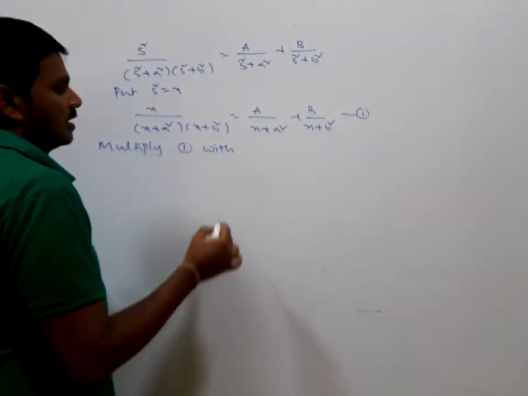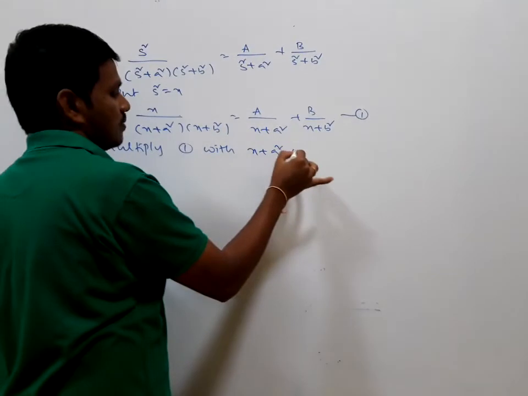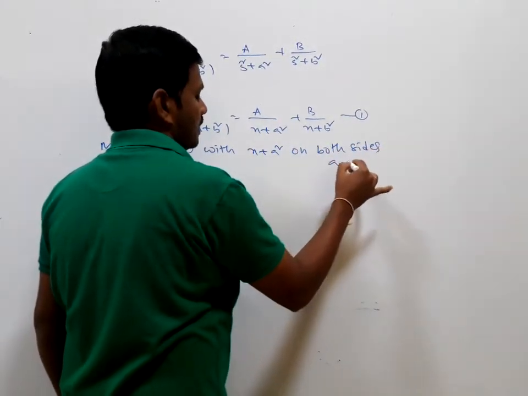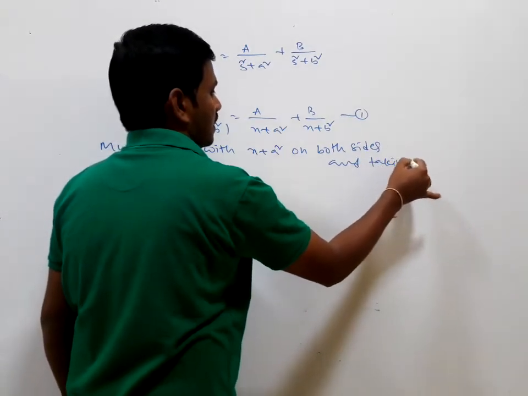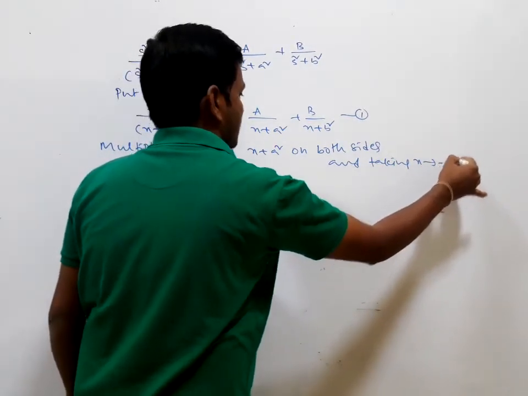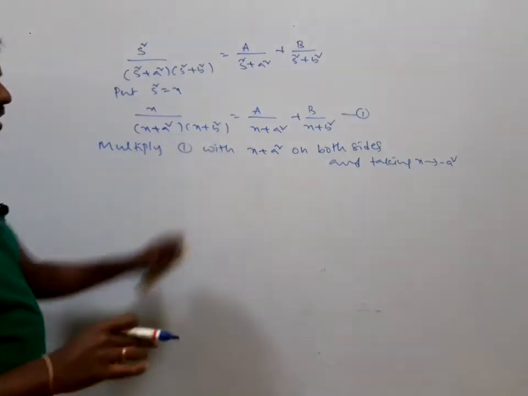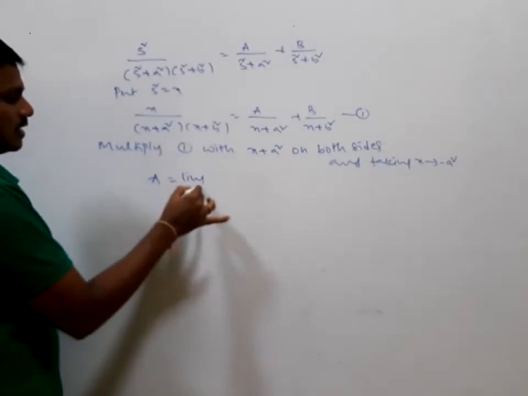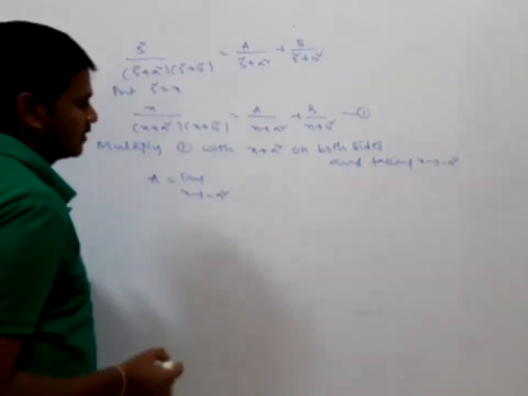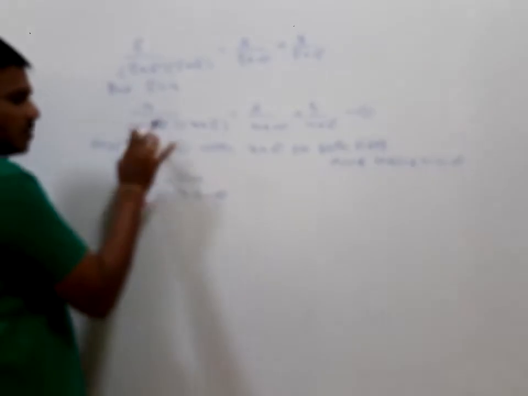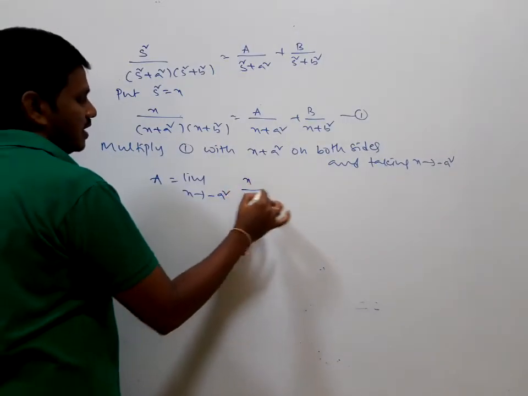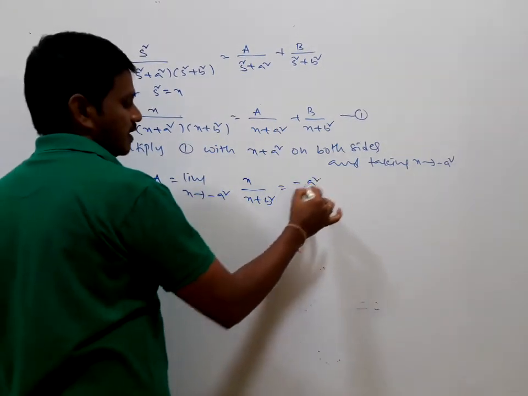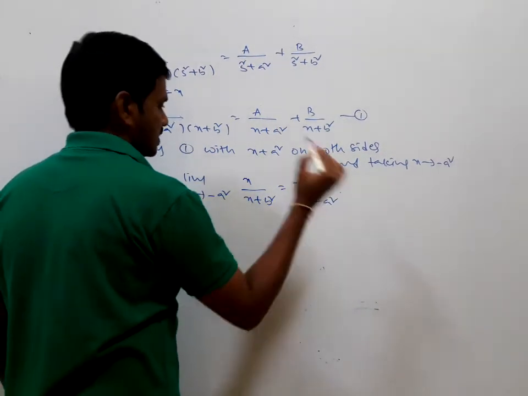I am multiplying equation 1 with x plus a square on both sides and taking x tends to minus a square. Here x plus a square gets cancelled, and we get a equal to limit x tends to minus a square of x divided by (x plus b square), which is minus a square divided by (b square minus a square). This is a.